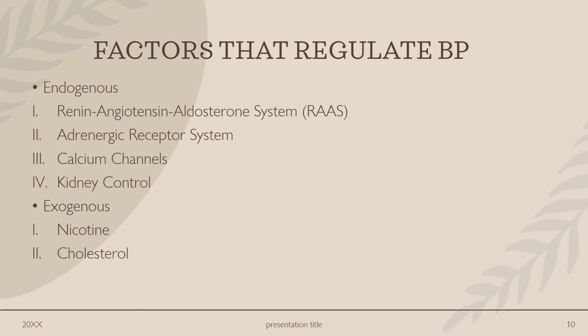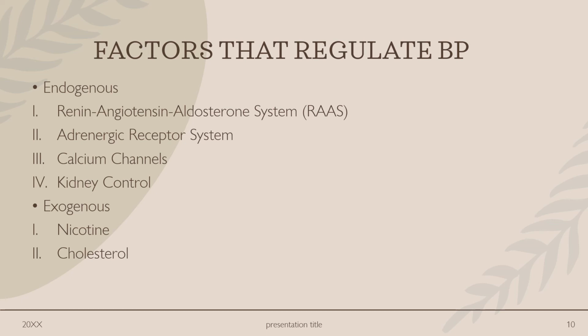Cholesterol is a main exogenous cause of increased systemic vascular resistance in hypertensive patients. The common types of circulating cholesterol are your high-density lipoprotein, or HDL, and low-density lipoprotein, LDL.